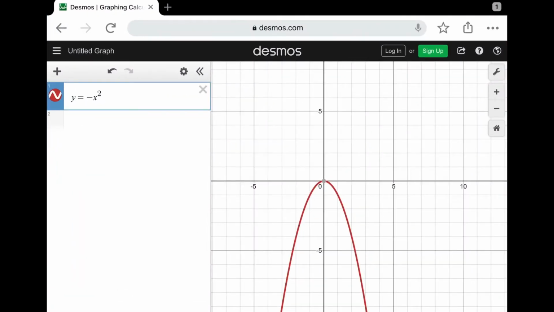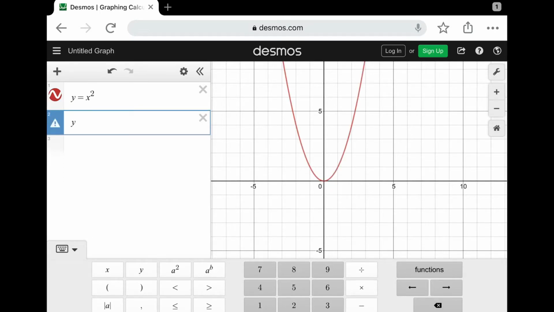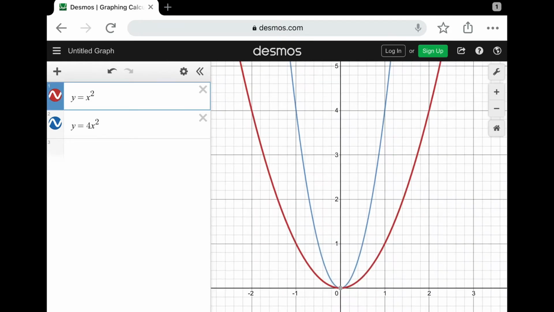Now I'm going to go to Desmos and type in, actually I can keep my parent function there, y equals 4x squared. So it got really skinny compared to my parent function. So let's graph this.